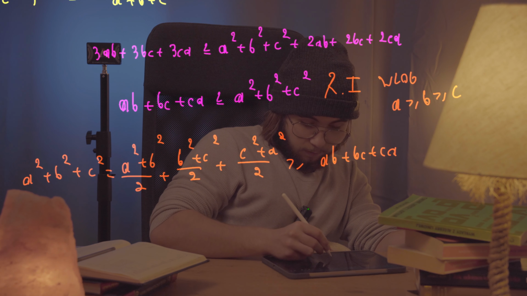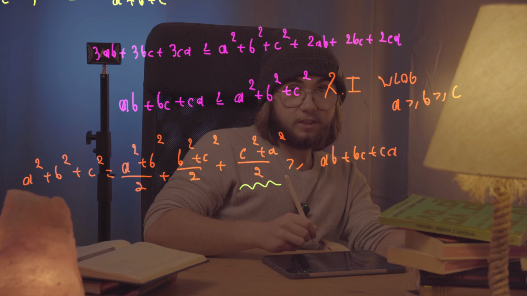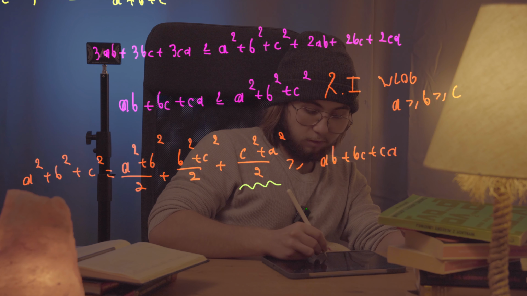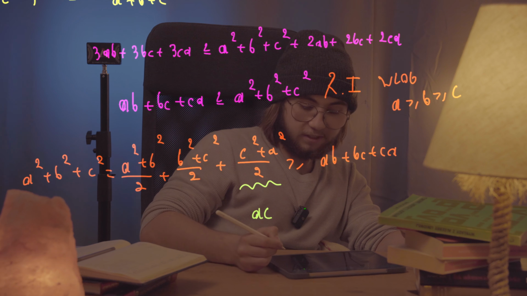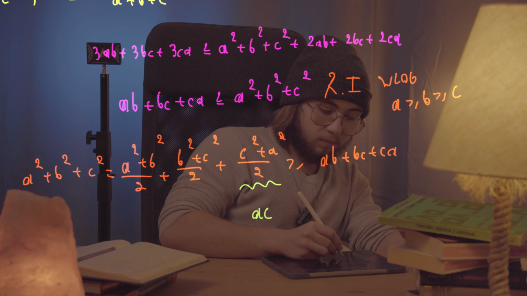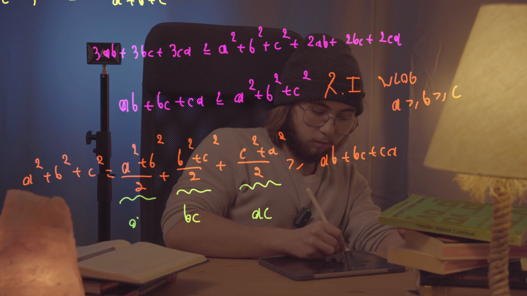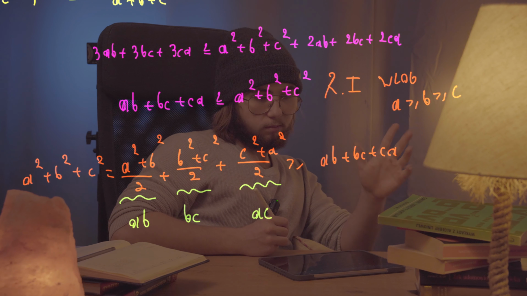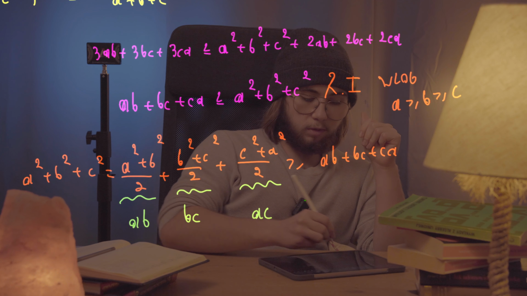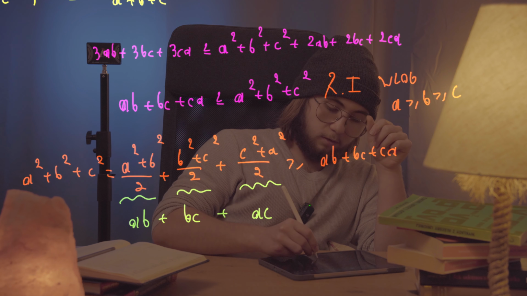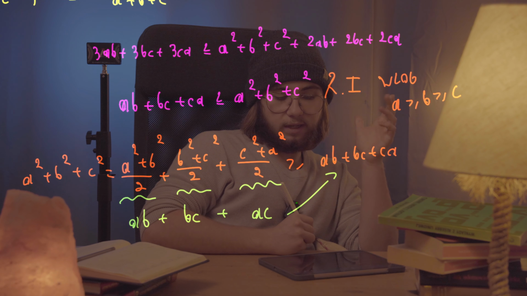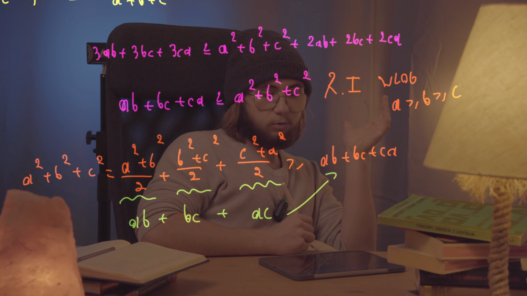That's because (c squared plus a squared) over 2 is greater than or equal to ac by the AM-GM, (b squared plus c squared) over 2 is greater than or equal to bc, and (a squared plus b squared) over 2 is greater than or equal to ab. So when you just go on and sum those guys up, you end up with this inequality right over there, and that's pretty much the end of the problem. Lovely.